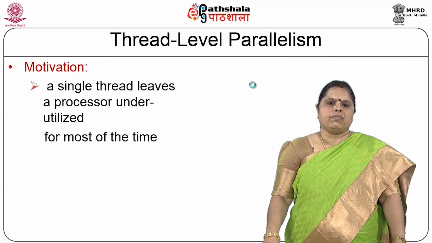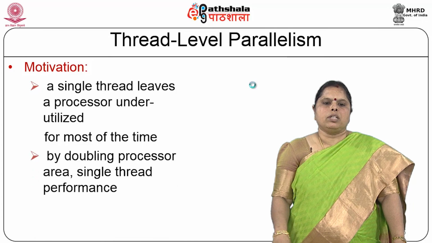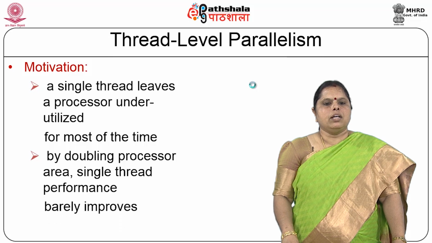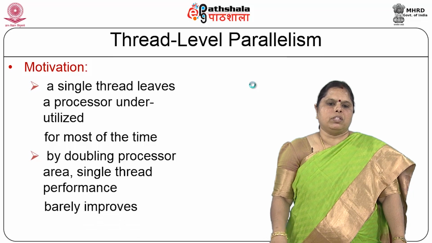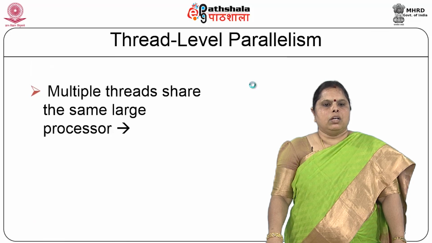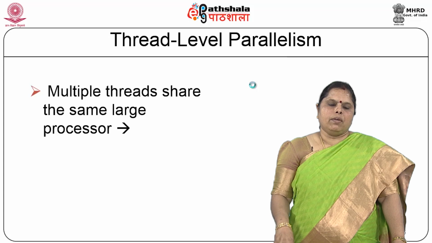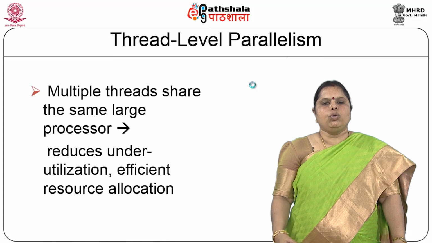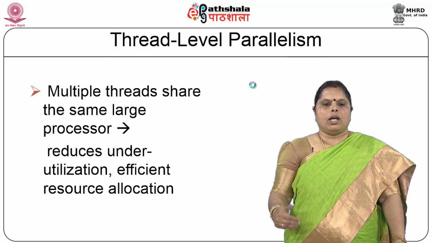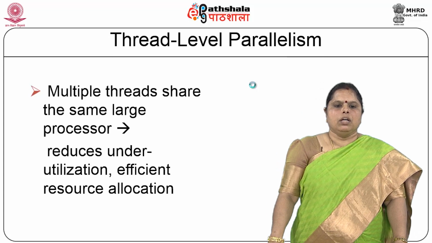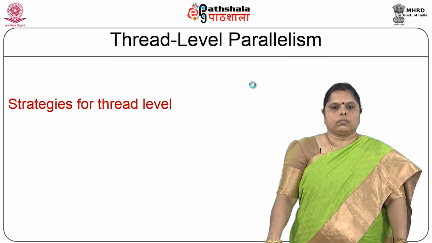You may have many functional units which are not utilized most of the time, and just doubling the processor area does not improve single thread performance. If multiple threads of execution share the same large processor, you know that there is going to be a reduction in underutilization, which means that you are going to have efficient resource allocation. So, that is another motivation behind thread level parallelism.